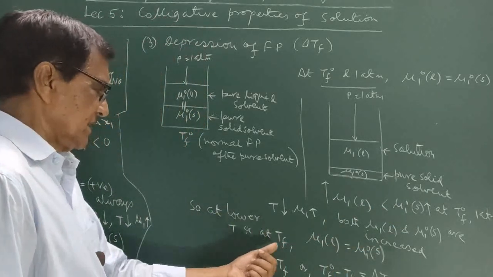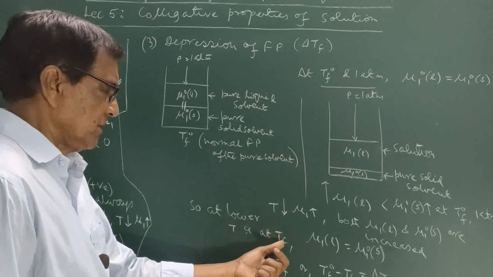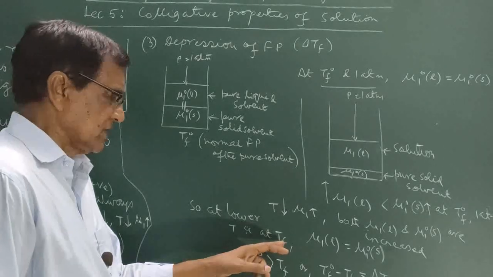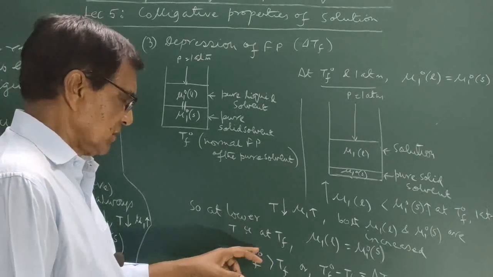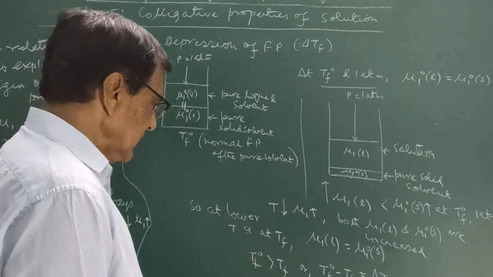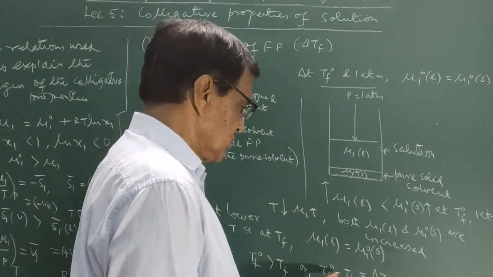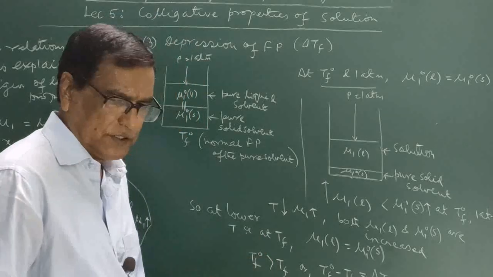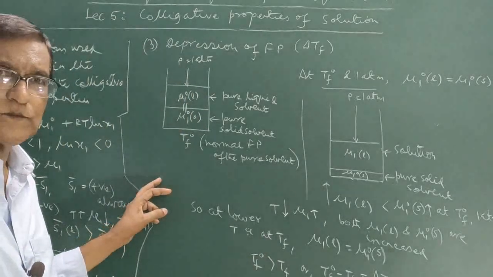This temperature is called Tf, the freezing point of the solution. So the freezing point of the solution is lower than the freezing point of the pure solvent. The difference between these two is called delta Tf, the depression of freezing point of these solutions.